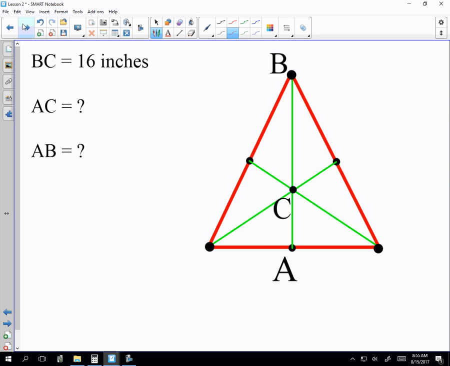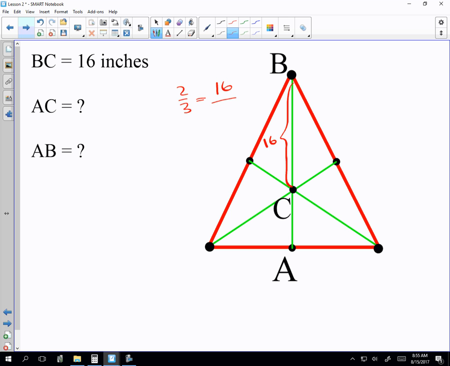So now, let's test and find some values. We're told that BC is 16 inches. So now we remember that 16 is a 2/3 measurement. So the 2/3 equals 16.